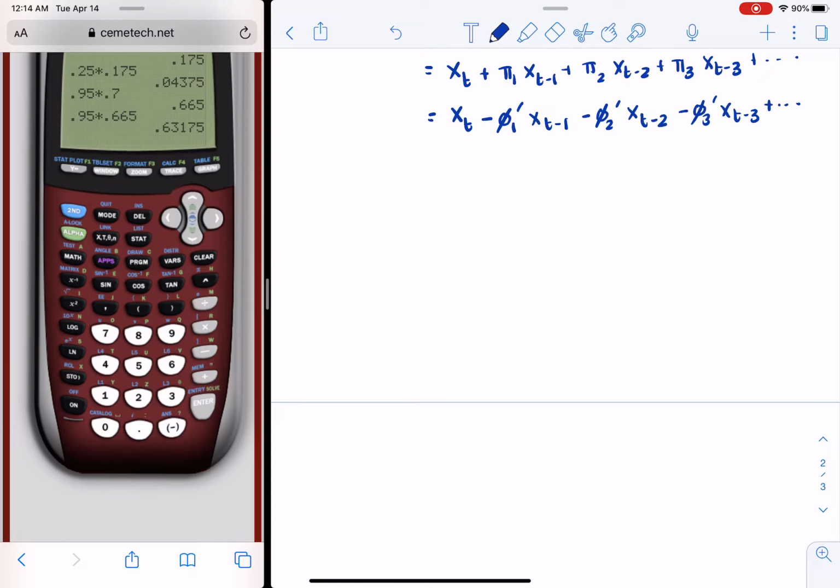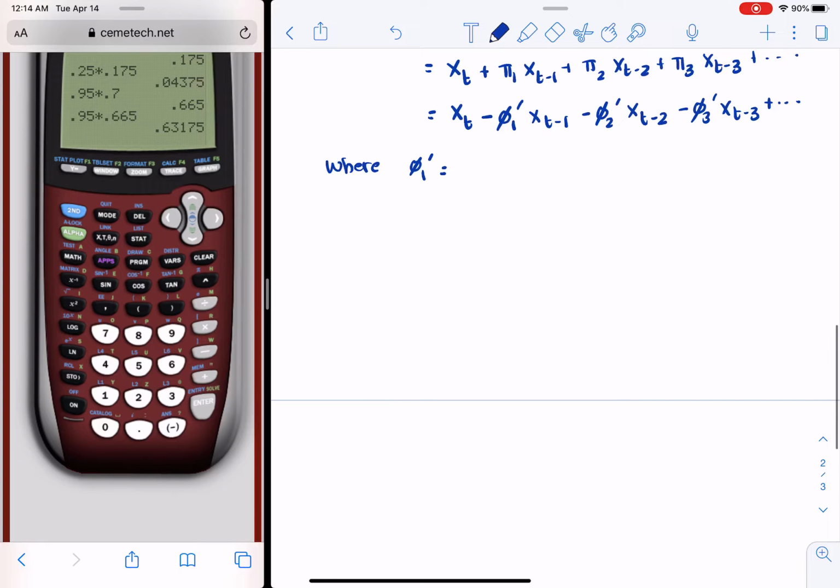So where we have phi 1 prime is equal to negative pi 1, phi 2 prime is negative pi 2, phi 3 prime is negative pi 3, and so on.